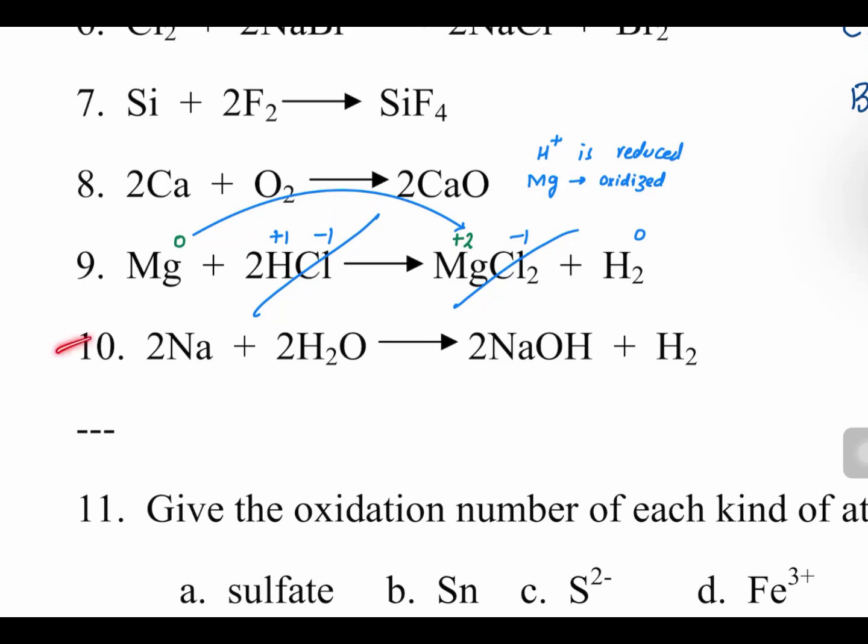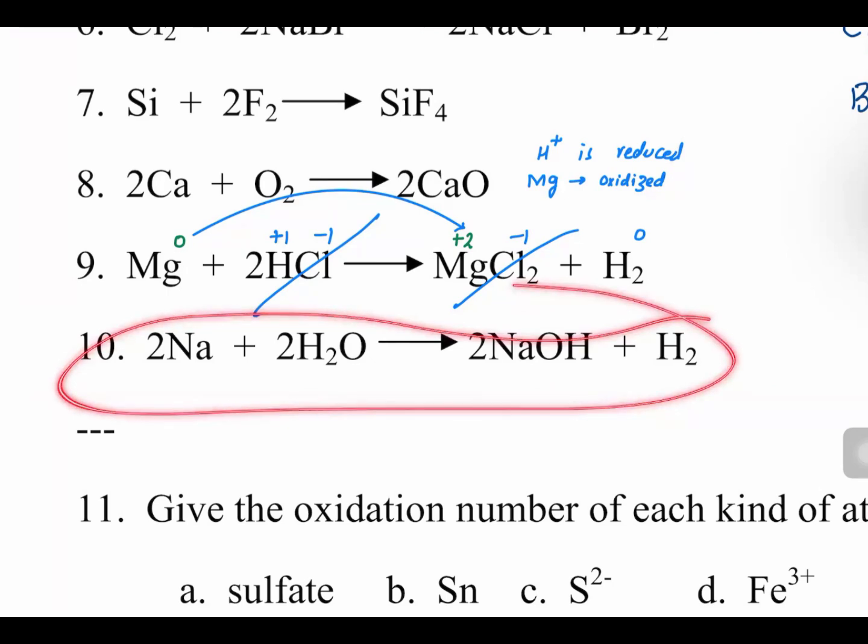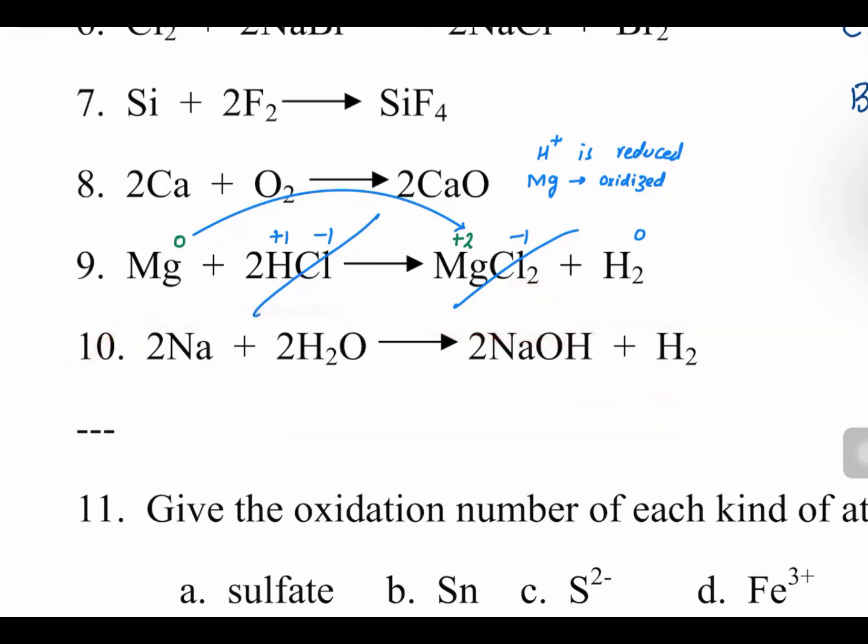Yes, this is the last question. Can you tell me, but fast, which species is oxidized and which species is reduced? Sir, can I answer? Yes. Sir, at the start of the equation, sodium is 0, because it is an elemental alone. Good.